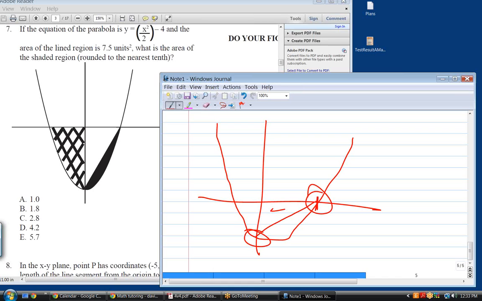4, 0. Notice that when I ask for the x-intercept, what's y? 0. That's the secret. And here's the equation of that parabola.